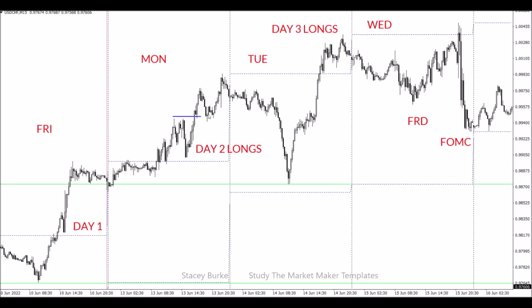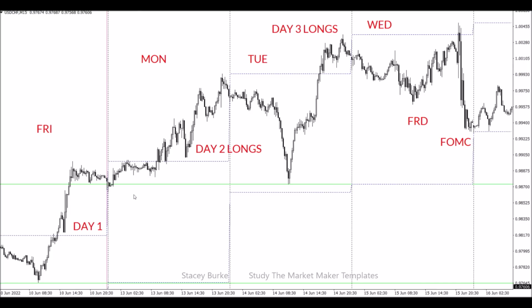And so they get stopped out, they get bombed out, and they get beat up because they're trying to short a day where there's no short setups. So studying the templates will help you understand the bigger picture that's evolving. So on a day 1 that's a runaway day or a continuation day, there may not be any short trades in a long day 1.